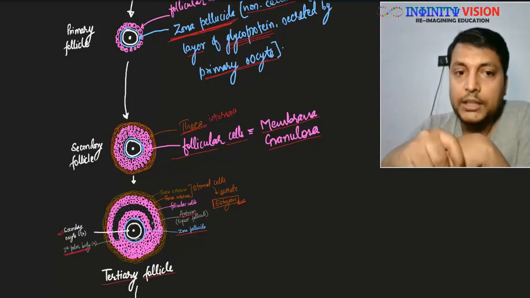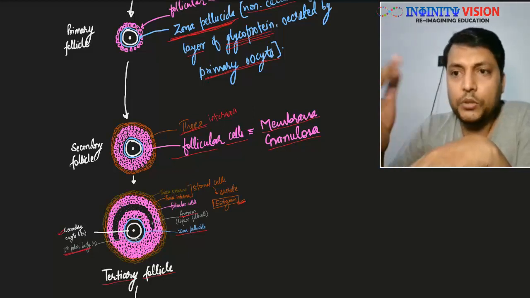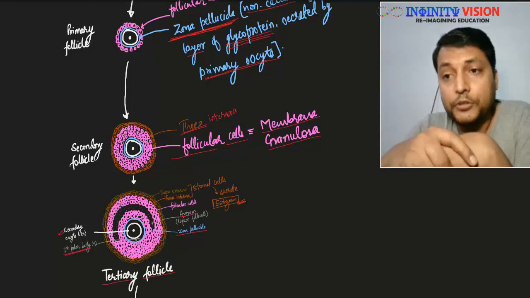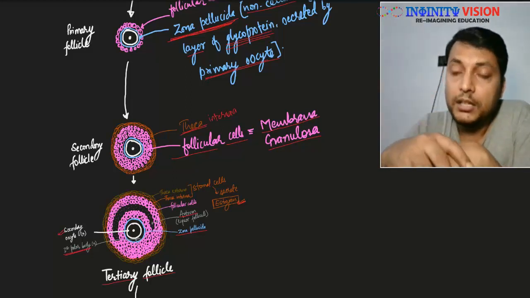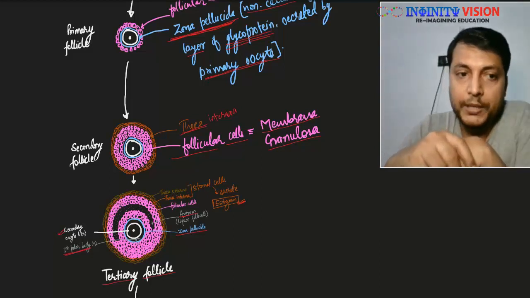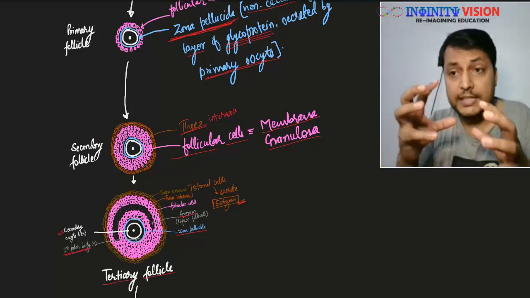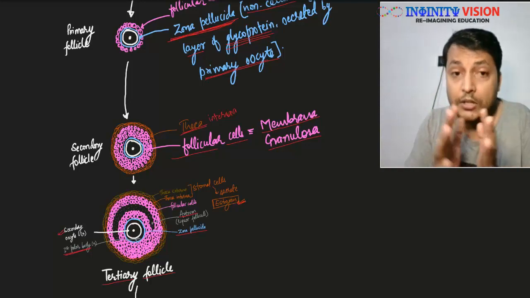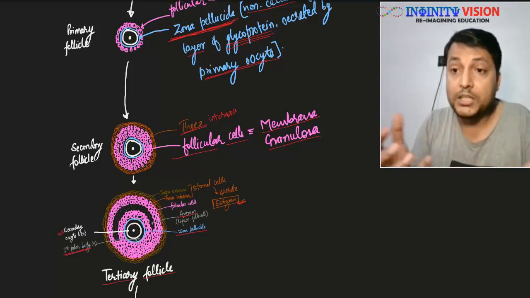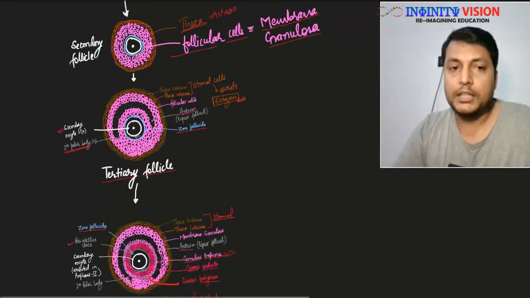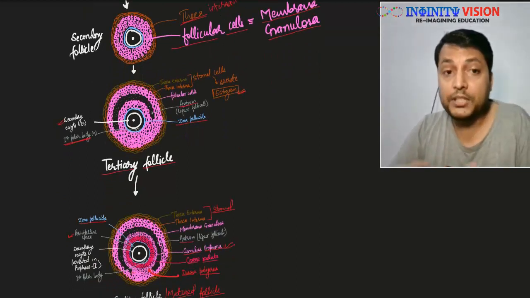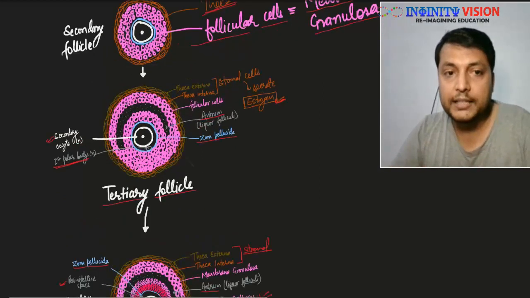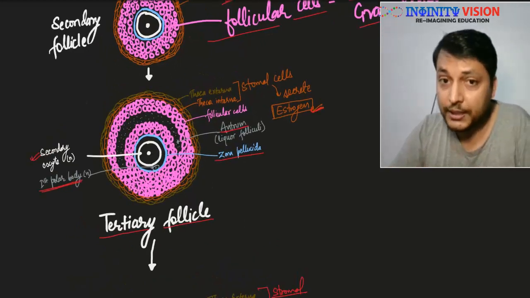Now this theca is as of now not well differentiated and only forms the theca interna, made of these spindle shaped stromal cells. This stage is called the secondary follicle. Further, the secondary follicle develops into the tertiary follicle. In the tertiary follicle, the theca is differentiated into two parts, the external theca and internal theca, right?